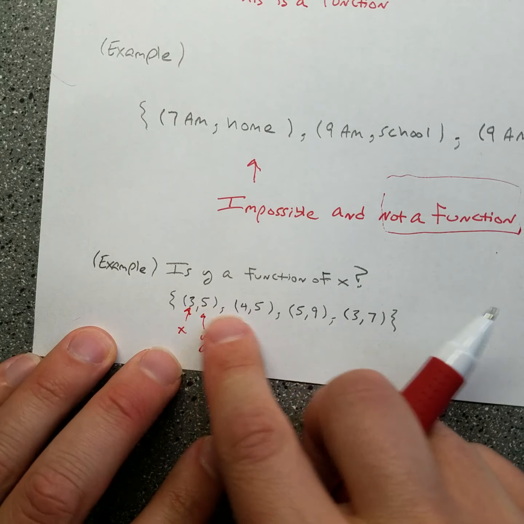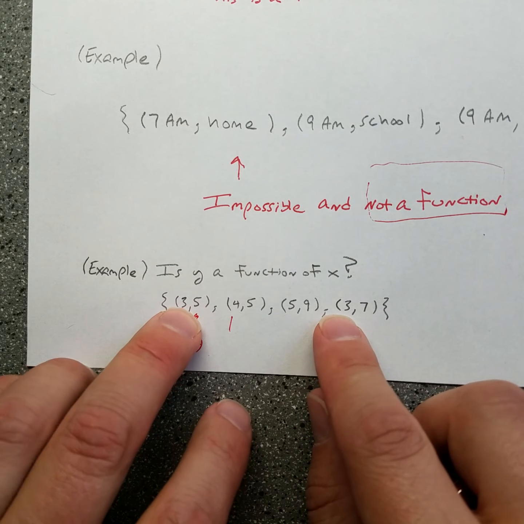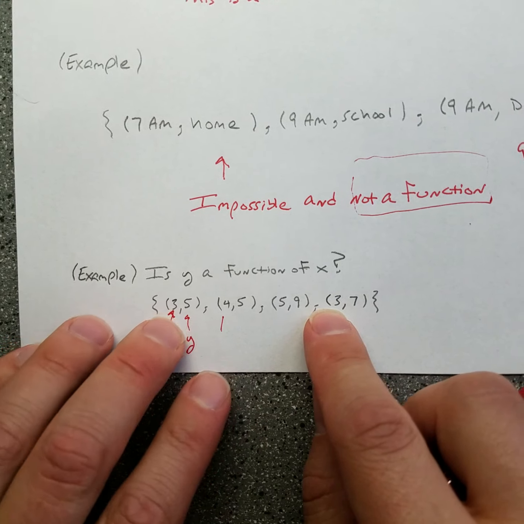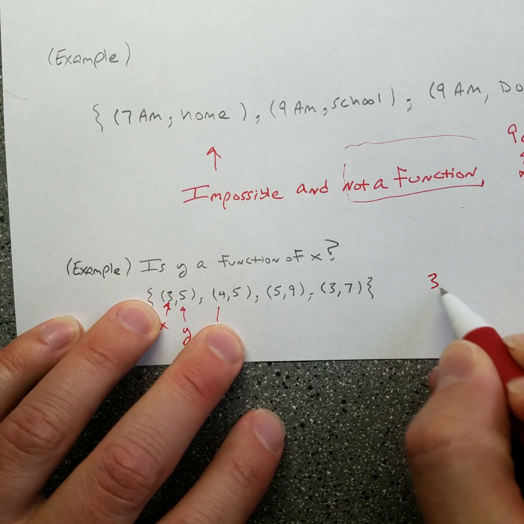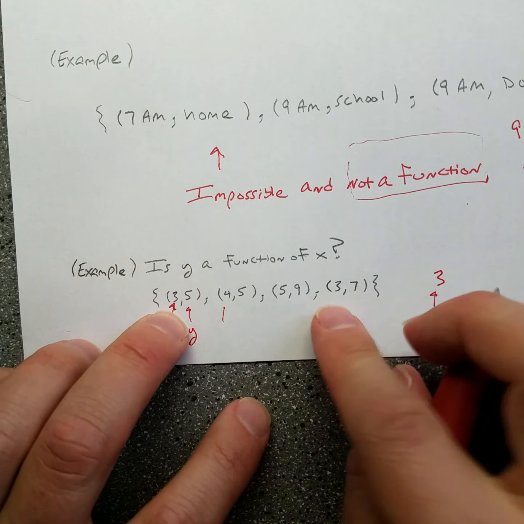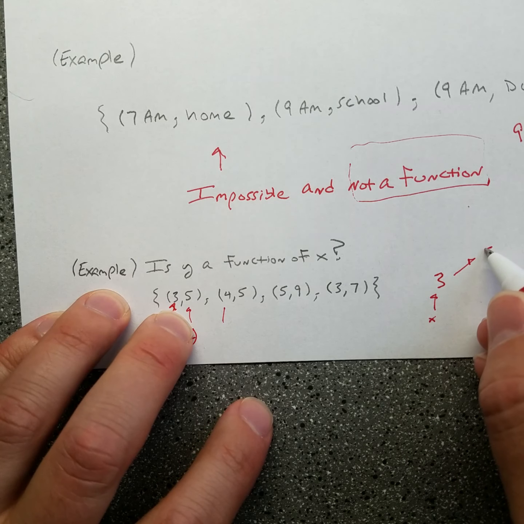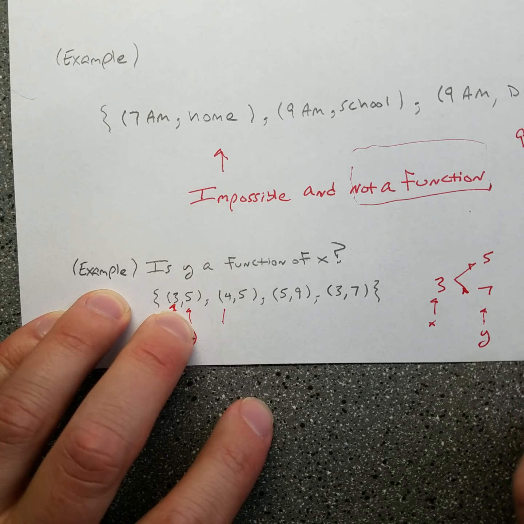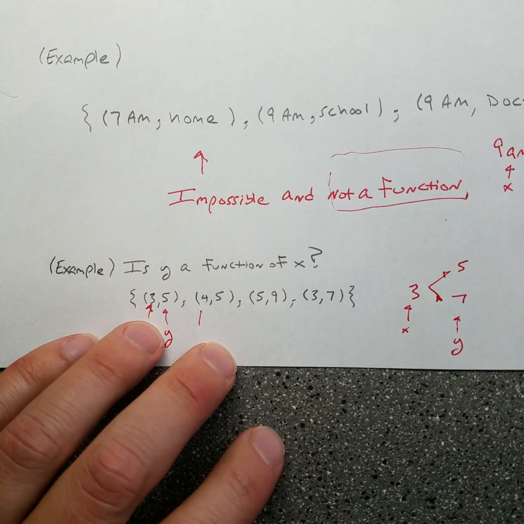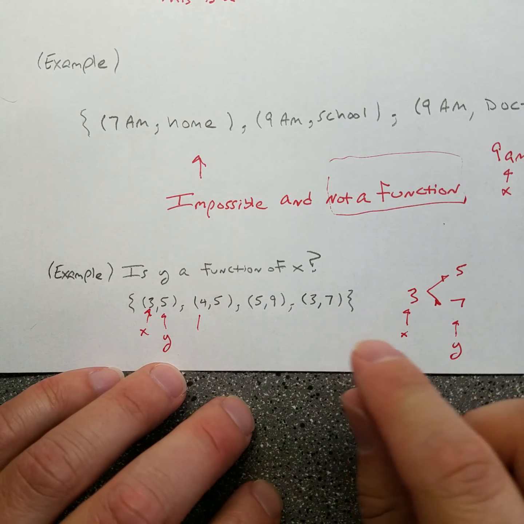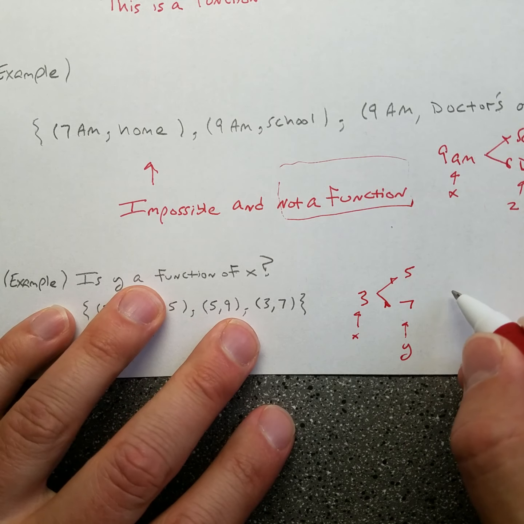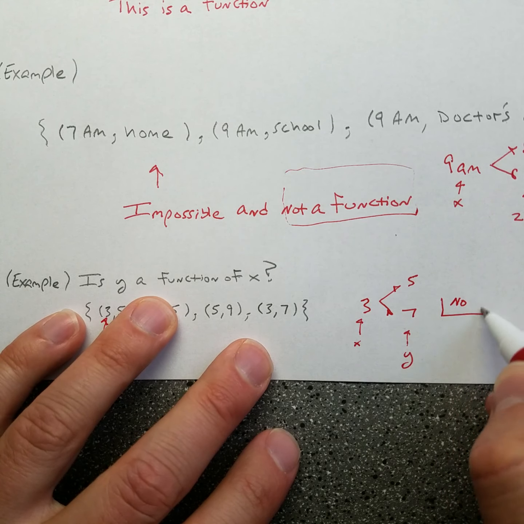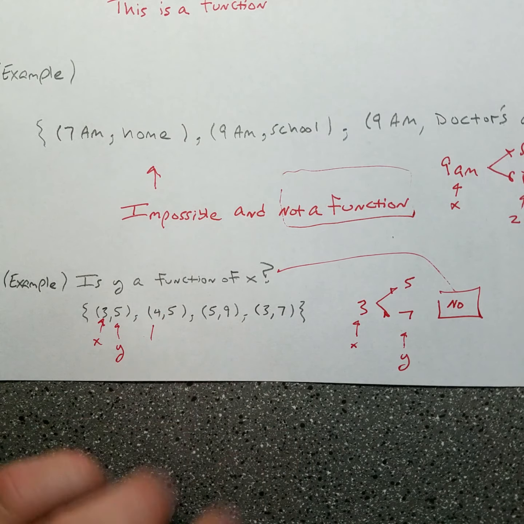Well, look at the x's. If you see the x's repeat, that means one x gets paired with two y's. I look at this and I say 3, that's an x, and it gets paired with a 5 and also a 7. It's not true that every x gets paired with exactly one y. So is y a function of x? No. The answer to that question is no.